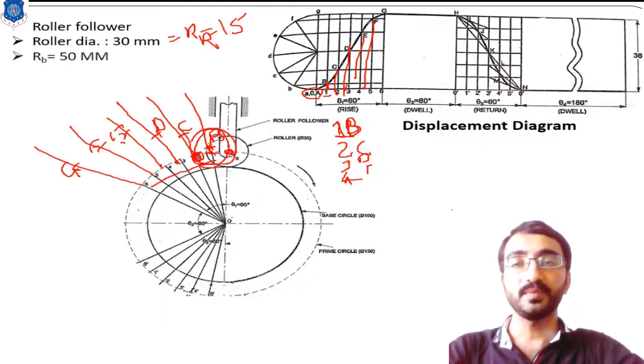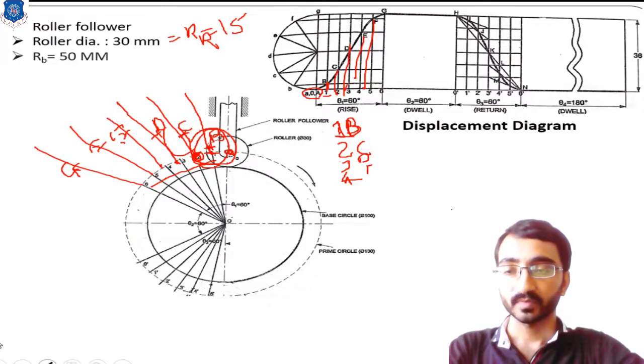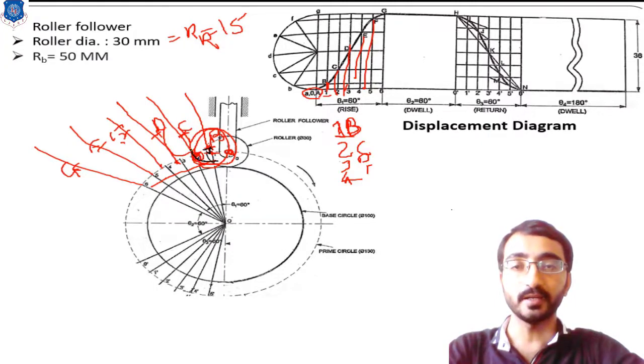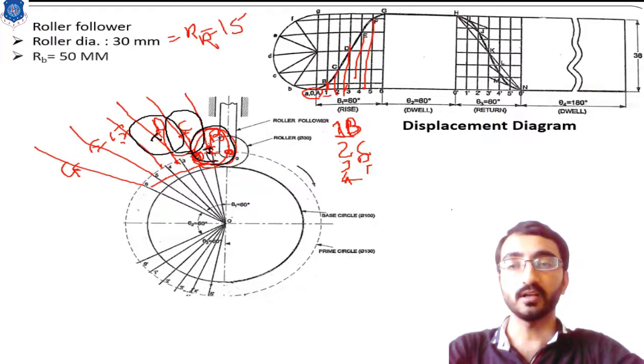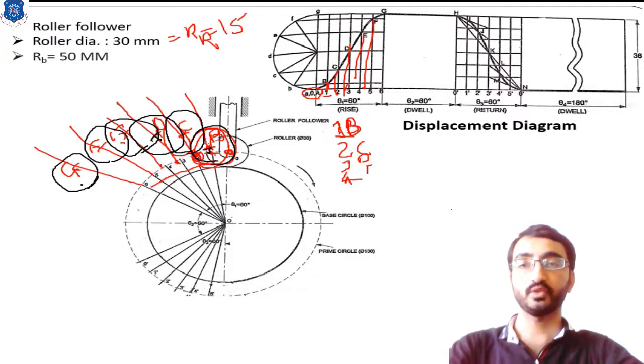Similarly, keeping C as the center point, draw a roller. In this way, B point as your center, draw a roller of 15 mm. Similarly, C as center, draw a roller of 15 mm. From D point as a center, draw a roller of 15 mm, and following the same procedure, you will be able to sketch the roller for the different positions.